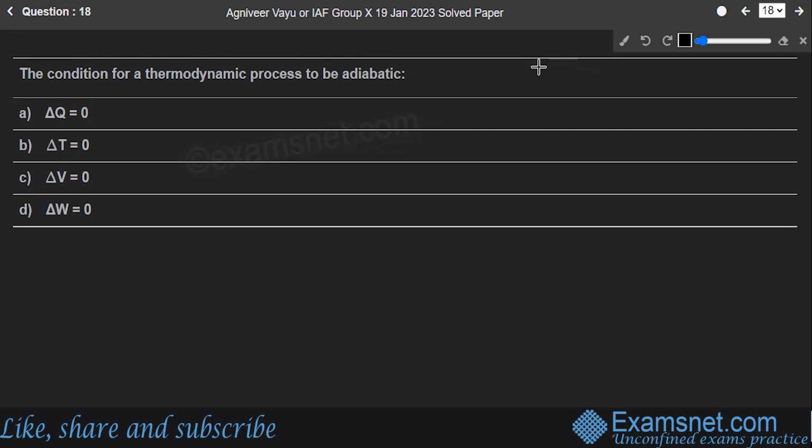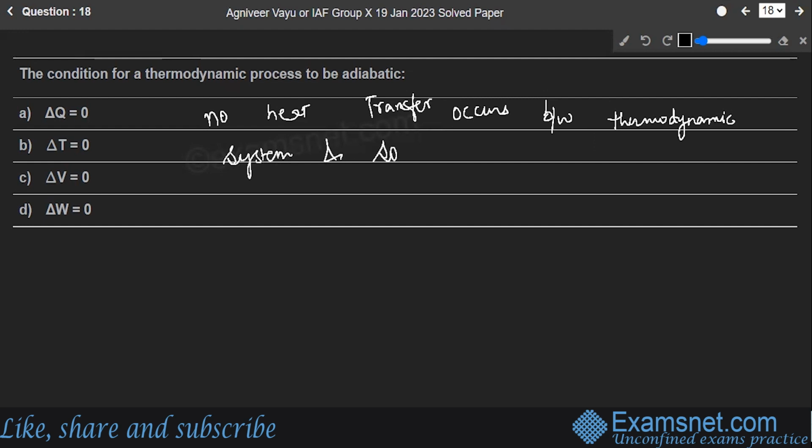See, the adiabatic thermodynamic process in a system is the one during which no heat transfer occurs between the thermodynamic system and its surroundings. And this is called the adiabatic process.